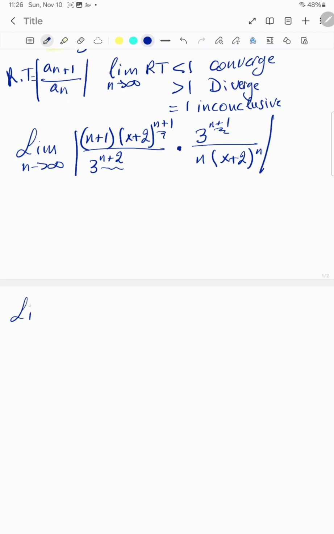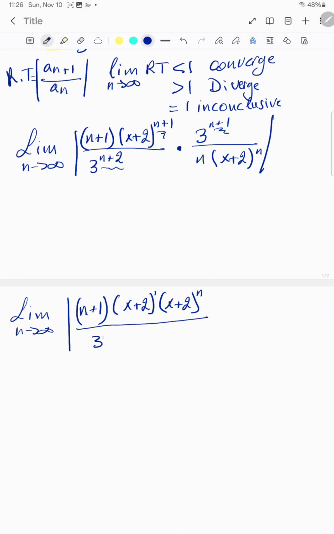So my limit becomes, when n goes to infinity, the absolute value of n plus 1 times (x plus 2) multiplied by (x plus 2) to the power n, and then this is (x plus 2) to the power n plus 1, divided by 3 to the power n plus 1 multiplied by 3 to the power of 1.